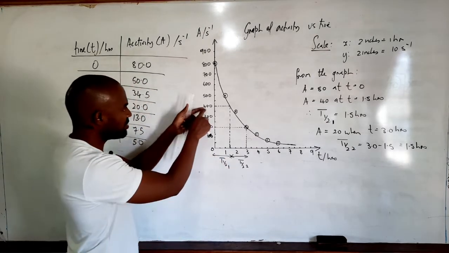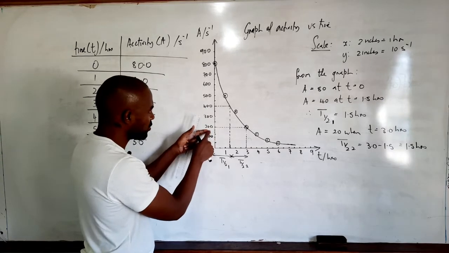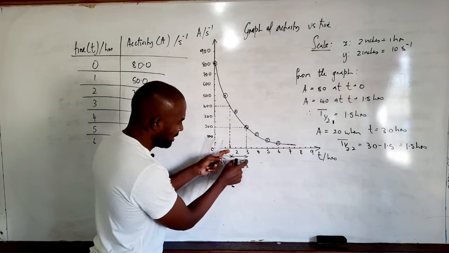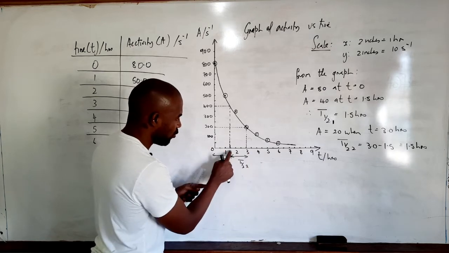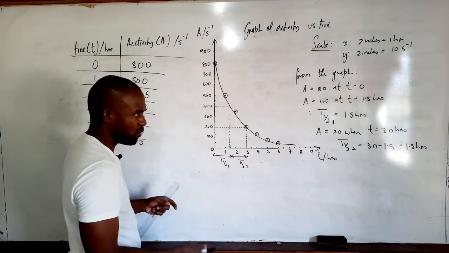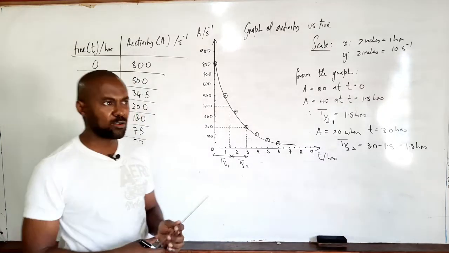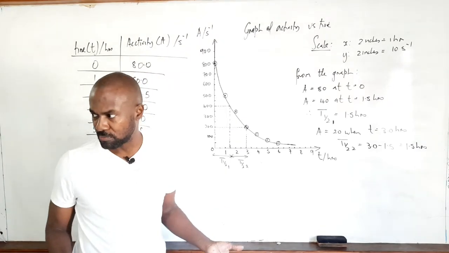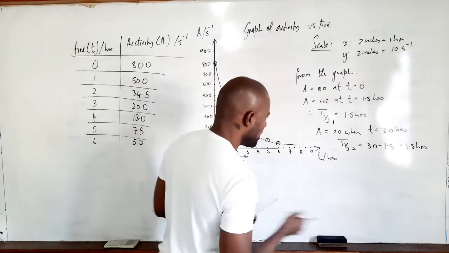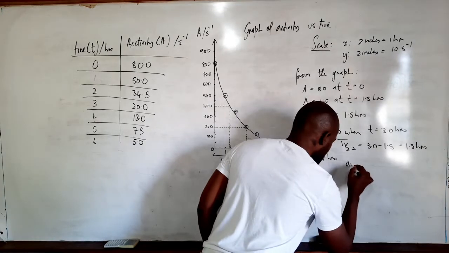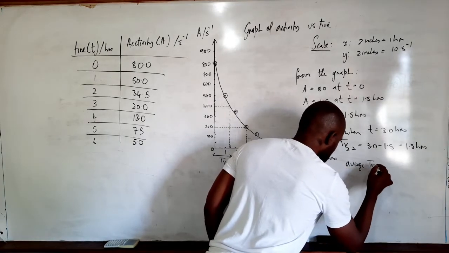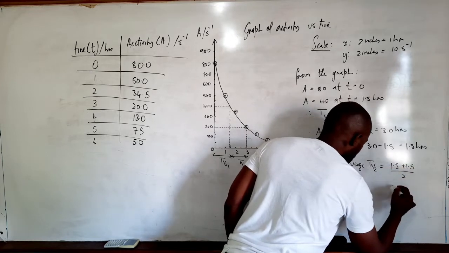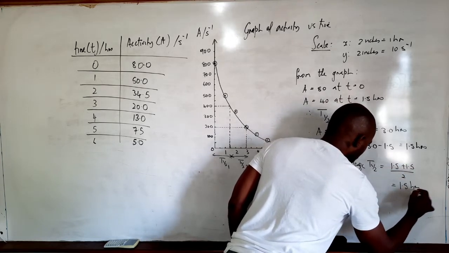However, from 40.0 to 20.0, that goes from 1.5 hours to 3 hours, and the difference between 3 and 1.5 is another 1.5 hours, which of course says that our first approximation was fairly accurate, right? And then now we could say that the average half-life is equal to 1.5 plus 1.5 over 2, which gives us 1.5 hours, right?